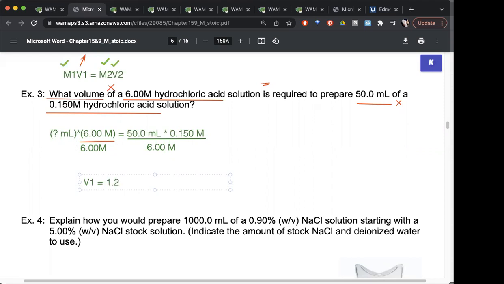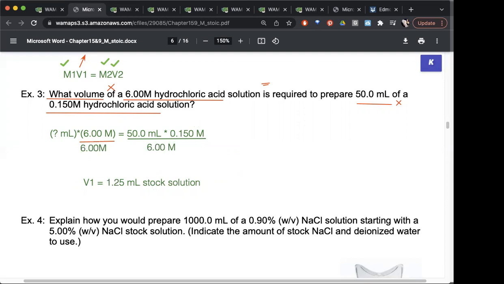All right, 1.25 milliliters of that concentrated stock solution. That's the 6 molar solution. So pretty small amount to make our 50 milliliters of more dilute hydrochloric acid.